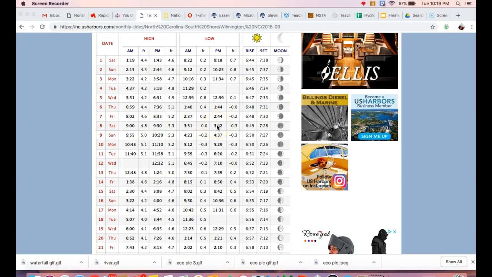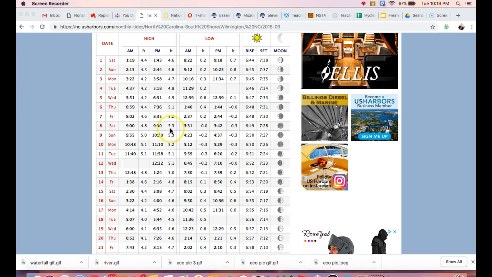And if we again look at the low tide in the afternoon, it's minus 0.3, so that's less than what the average is. So it's below average. And then later in the evening at 9:30, it's 5.3 for the high tide. So that's a pretty big difference from the low tide to the high tide, which you would expect, because at the full moon and the new moon is when you're going to have your spring tides.